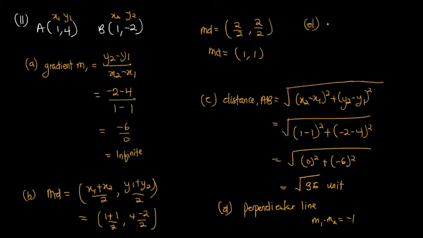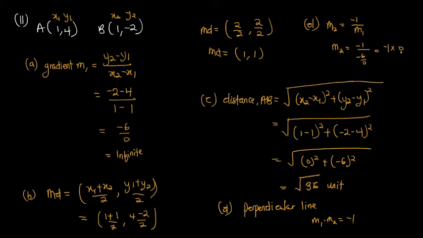It means that my m2, which is the gradient perpendicular to the first gradient I found over here, will be equal to -1 on m1, and that is m2 is equal to -1 on -6 on 0. Let me use this instead of using the infinite over here. So my m2 is -1 multiplied by 0.